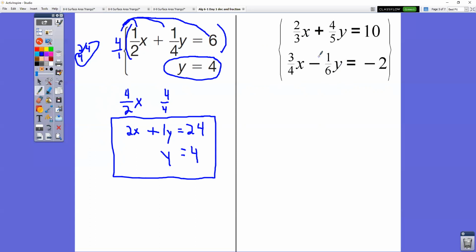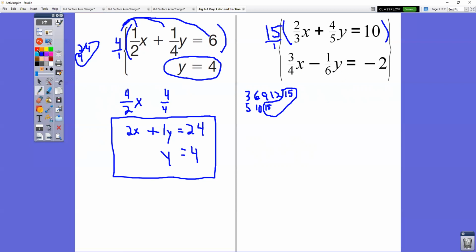Let's take a look at this one. In this top equation, we have 3's and we have 5's. So I want to count by 3's and I want to count by 5's. 3, 6, 9, 12, 15. And then here I have 5, 10, 15. So I have 15 in common. So I want to multiply this top equation by 15.